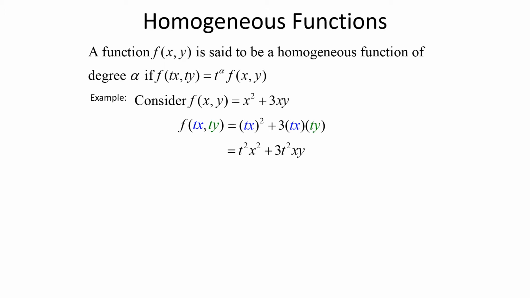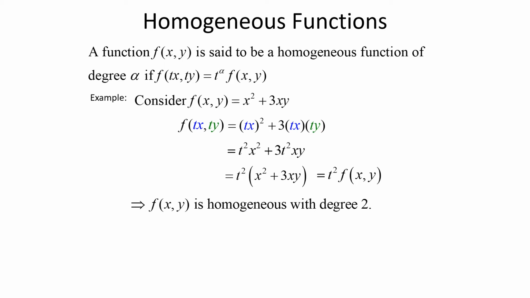And we can factor a t squared out of both terms to rewrite this as t squared times x squared plus 3xy. Now notice this is t squared times our original function, so t squared times f, and so this satisfies the definition, and it is going to be a homogeneous function of degree 2.